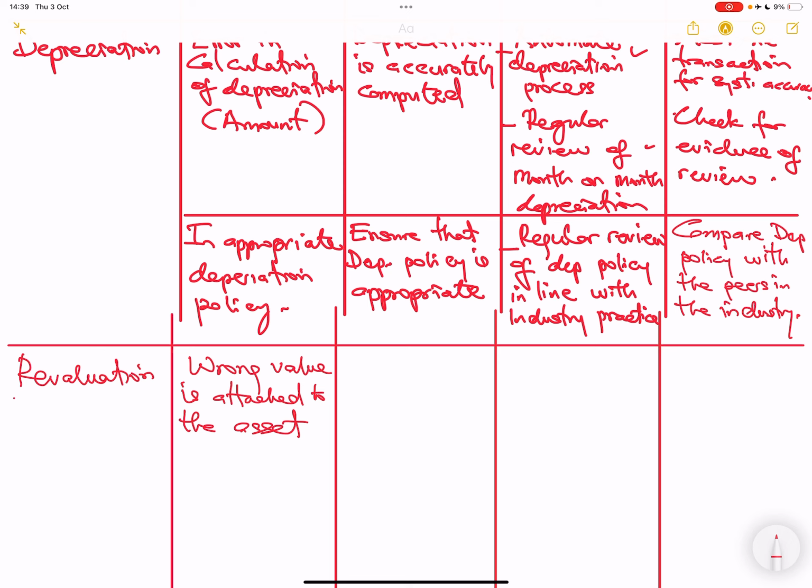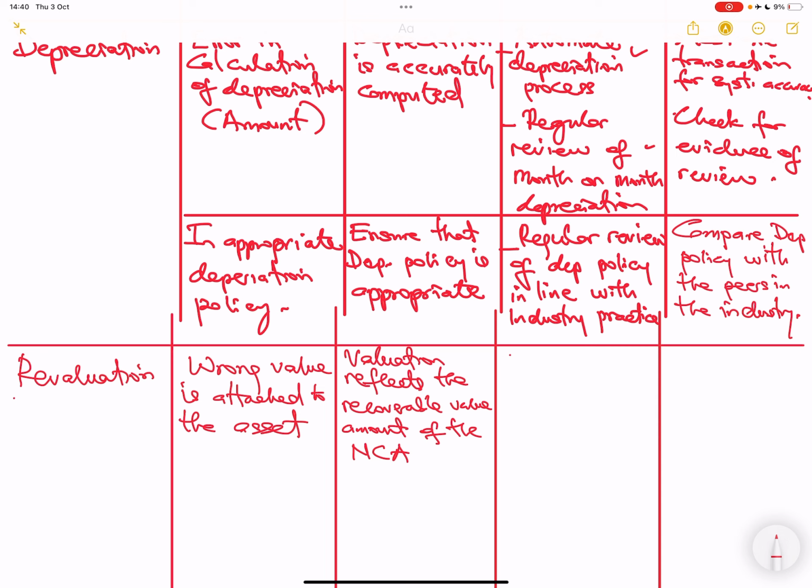So the control objective is to ensure that the valuation reflects the recoverable value or recoverable amounts of the non-current asset.